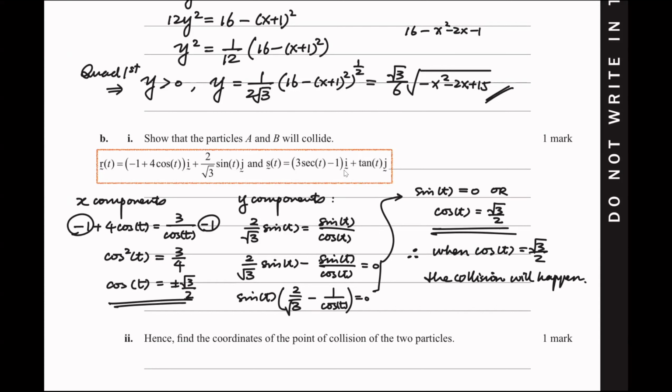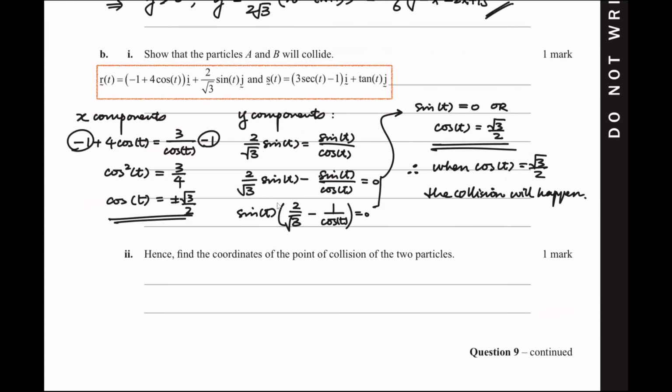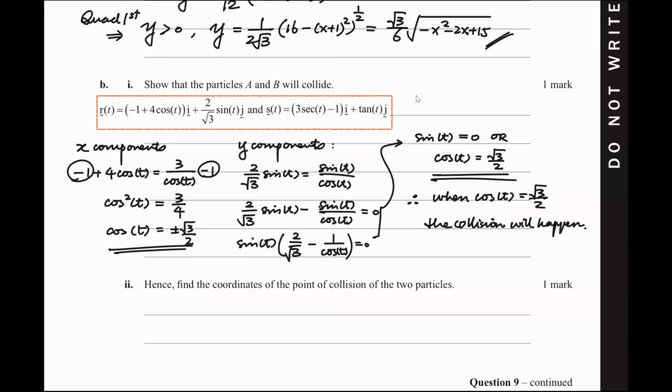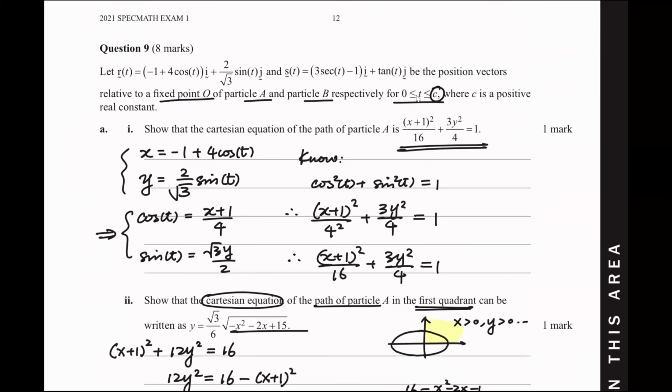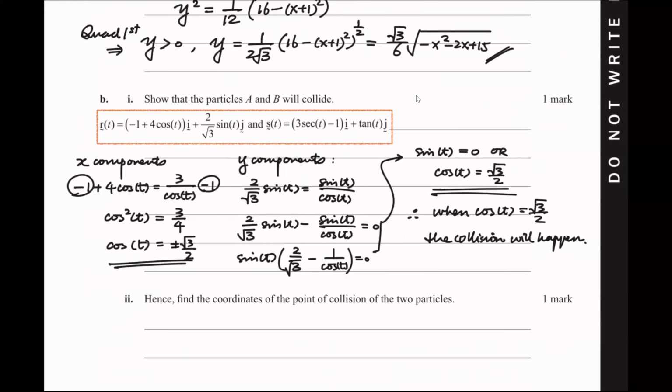So that is quite a bit of working. You have to equate the x components, or i components, and j components, and eventually arrive at the same t value. But the question did not specify very clearly the specific value of c, so I just leave it like that.